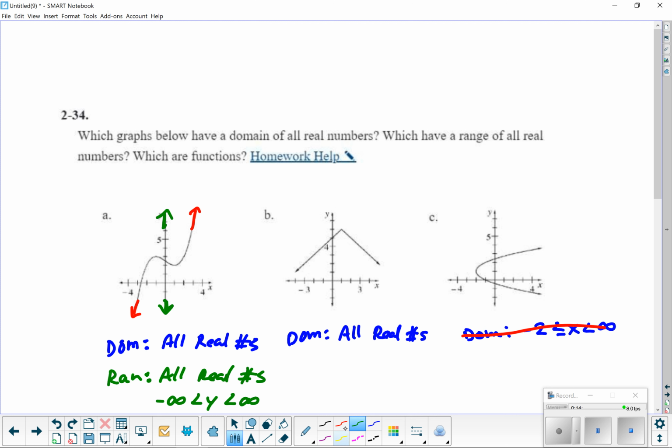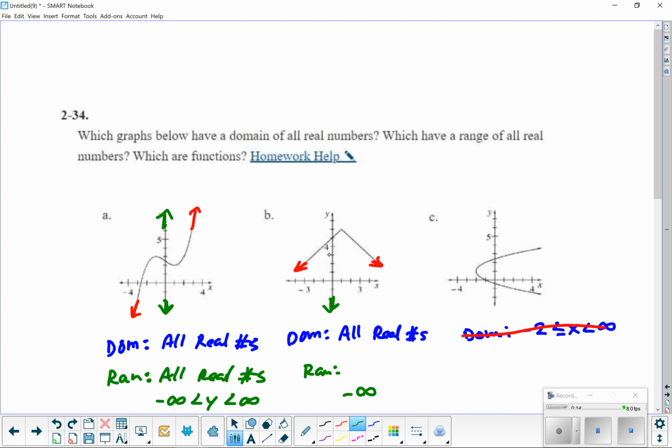Okay. This one has an arrow pointing diagonally down and to the left, and this one has an arrow pointing diagonally down and to the right. So that means that it goes all the way down. So the range goes all the way down to -infinity, but it doesn't go up, right? It just goes all the way down.